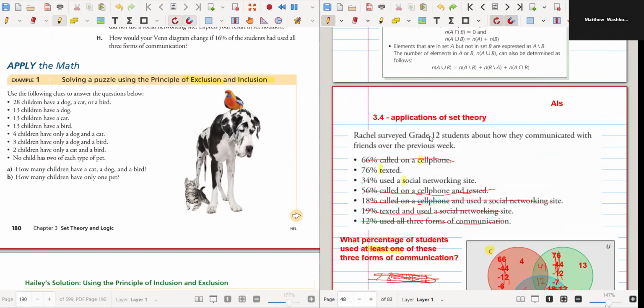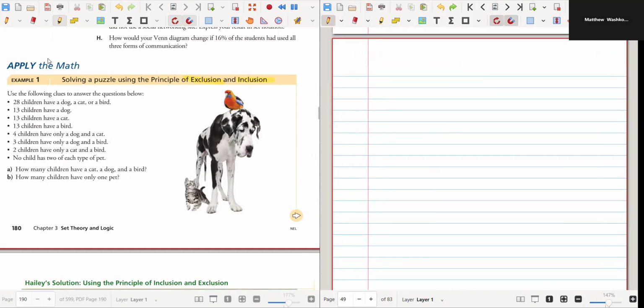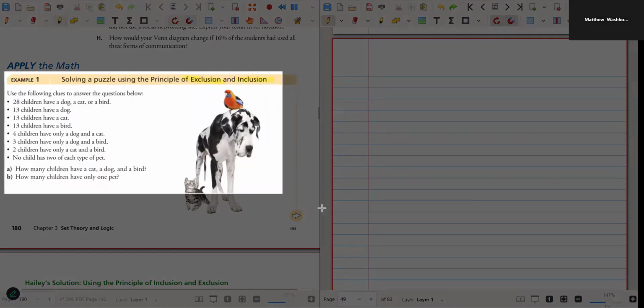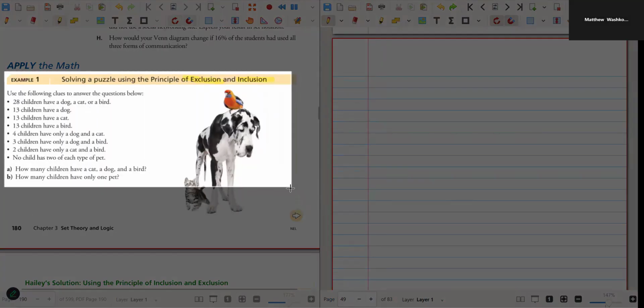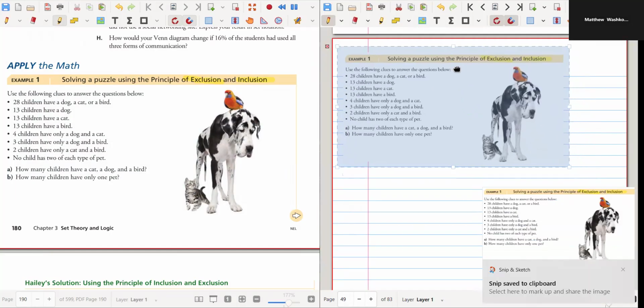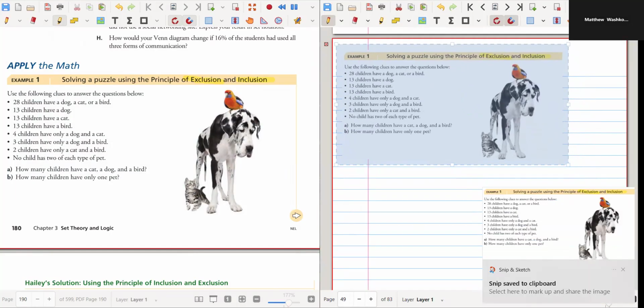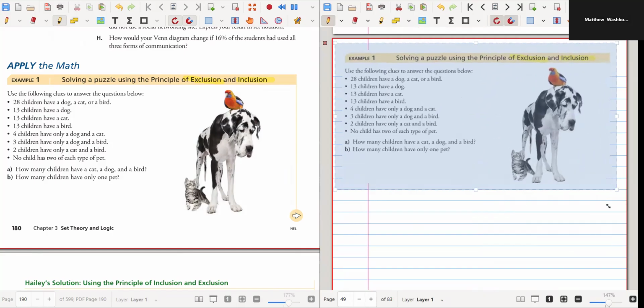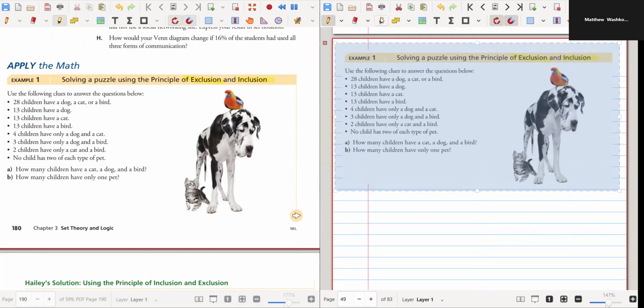All right, so let's go do this one here. So example 1. You guys don't have to do the drawing. So what we have in this case is we have to use the following clues to answer the questions below, which are these ones here.